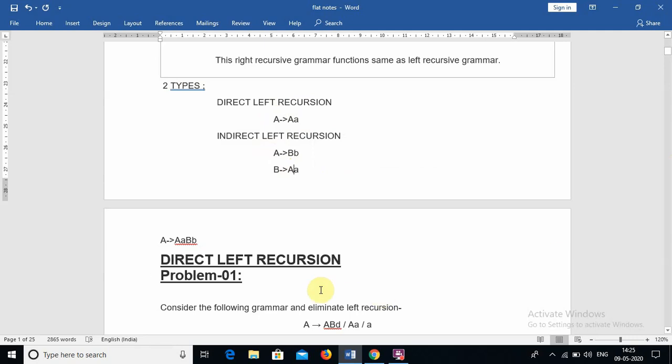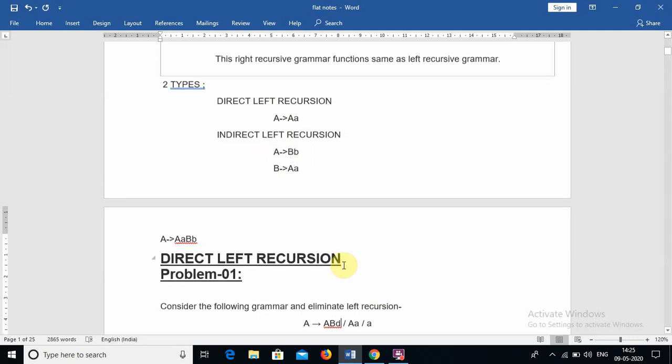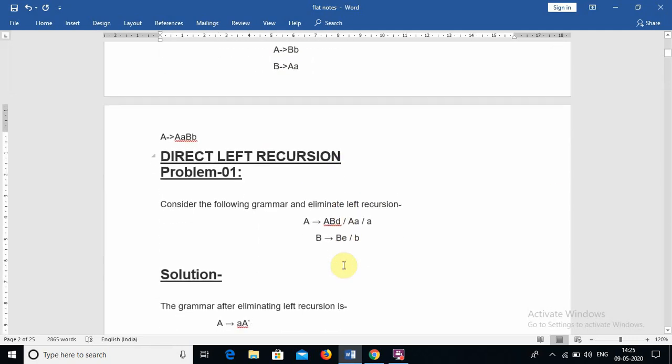Now we will see how to remove direct left recursion. If you see the grammar production rules, in A to A, the direct left recursion exists, and in A to B, here also we have a direct left recursion, and for this A, here also we have a direct left recursion.